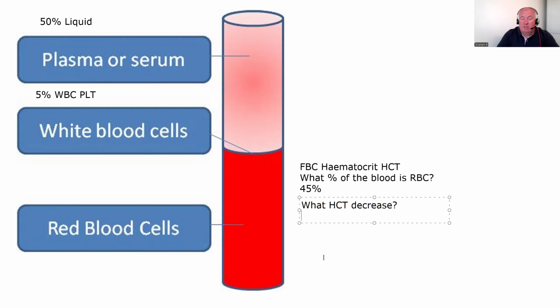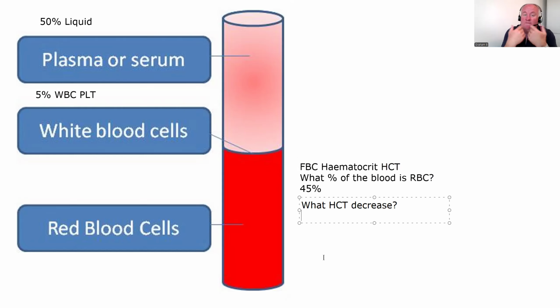However, because hematocrit is a percentage value, it could also decrease if you had more white blood cells. If you imagine a pie chart that's got to add up to 100, as you increase the white cell component, can you see the percentage of red cells will start to decrease?